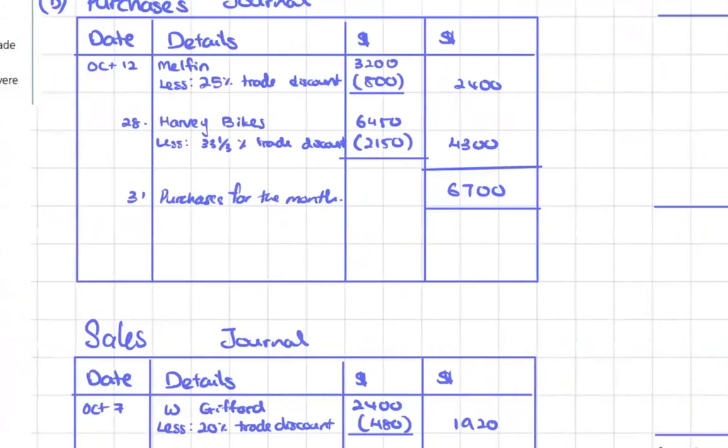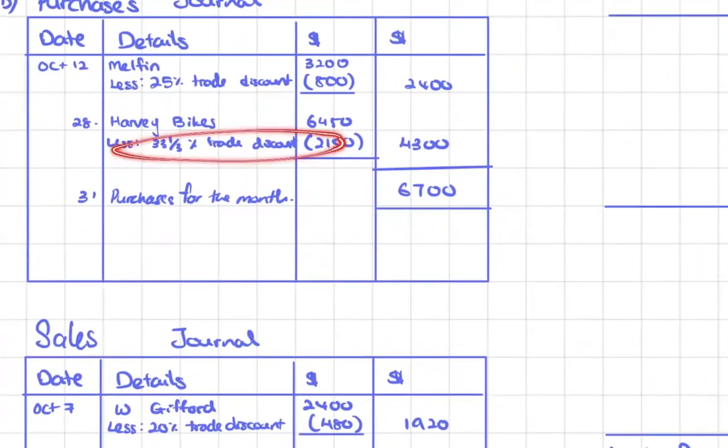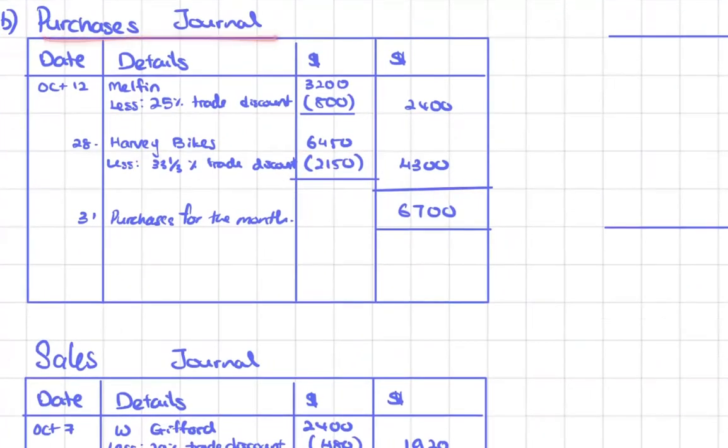As you can see, all of this we're not going to put in. It's going to appear only in the purchases journal. So whenever you see something called discount received or discount allowed, it is not your trade discount. It is only cash discount. So trade discounts are only recorded in your purchases journal and sales journal, not in your ledgers.